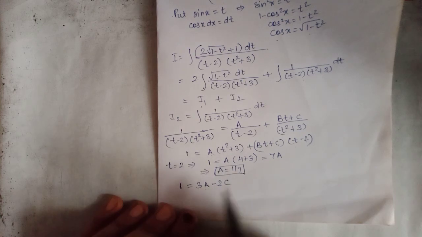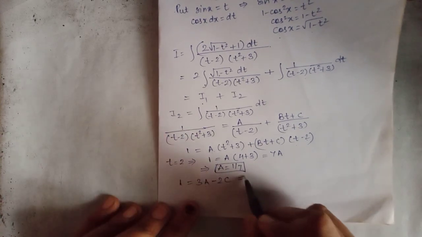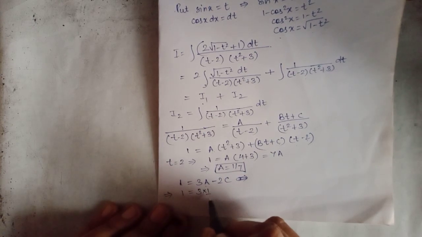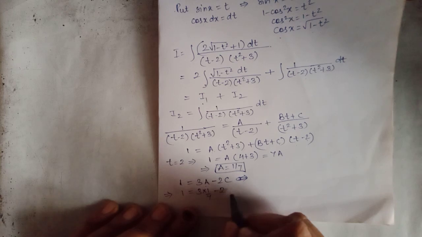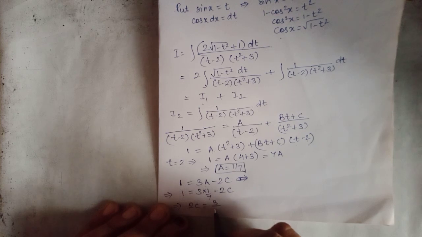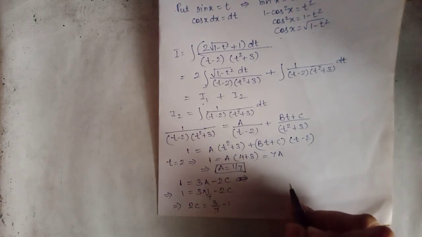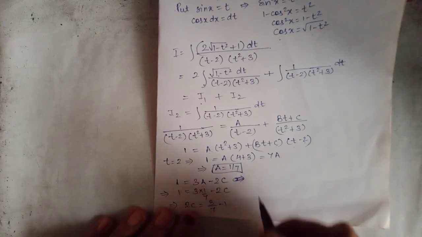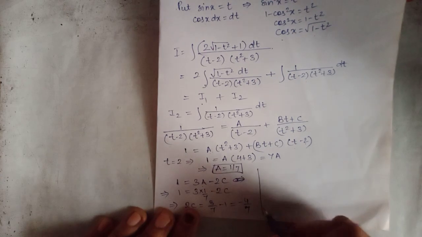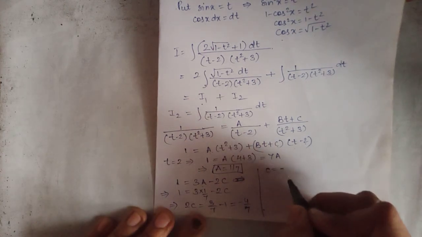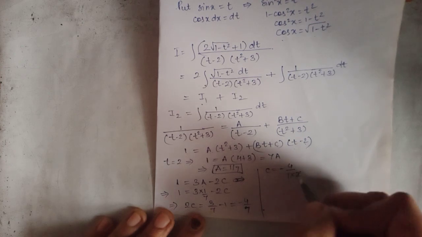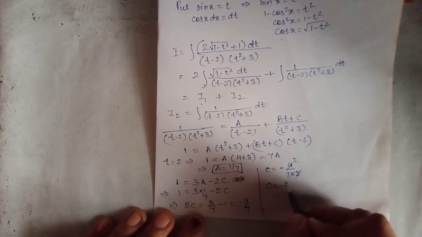Substituting the value of a as 1 by 7, 2c equals 3 by 7 minus 1, so it is minus 4 by 7. So c is minus 4 upon 7 into 2, so c is minus 2 by 7.